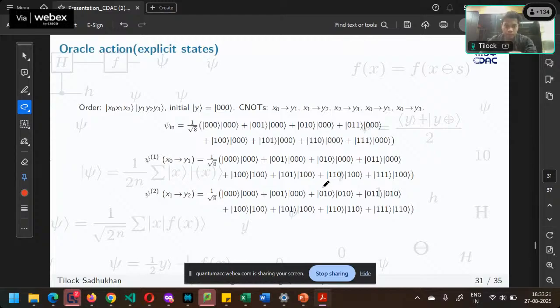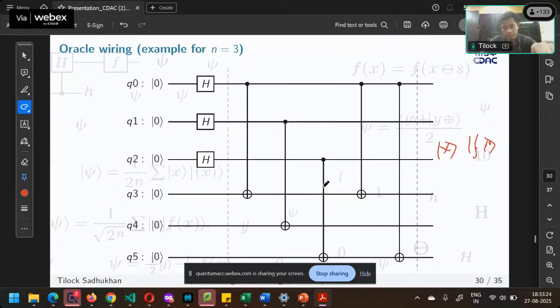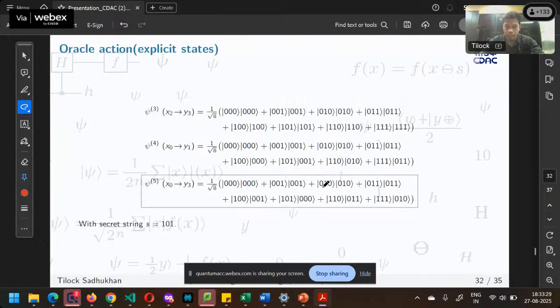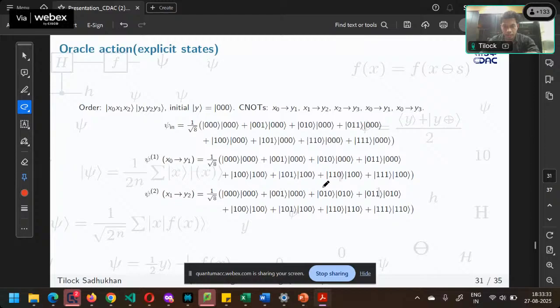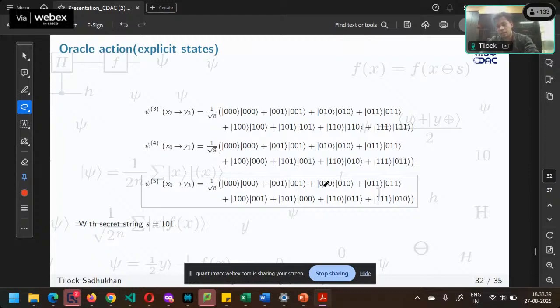We can write down the states step by step and operate each of the CNOT gates one at a time, and we can see that at the end of it we get this. In between, we can apply any CNOT gates anywhere we want, but the condition is that you have to get this. So that's up to us. Whatever gates we want to apply, we can apply in terms of CNOT.